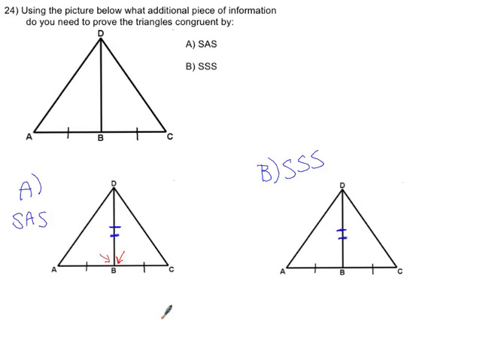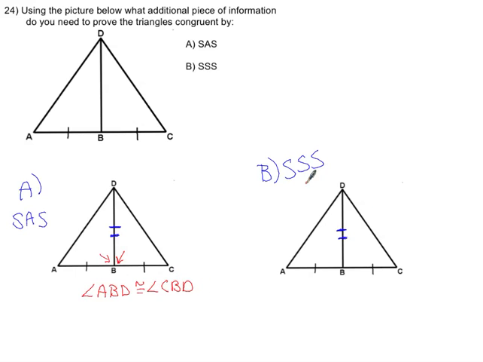Now, I can't just call that angle B. I have to name it using the 3 letters. So to name this one here, I'm going to call it angle ABD. It needs to be congruent to CBD. That's what was missing.